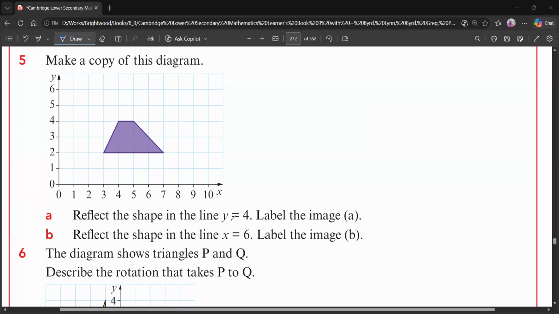Now thinking about the next one, x equals 6. Draw the line. Here is the x equals 6 line.